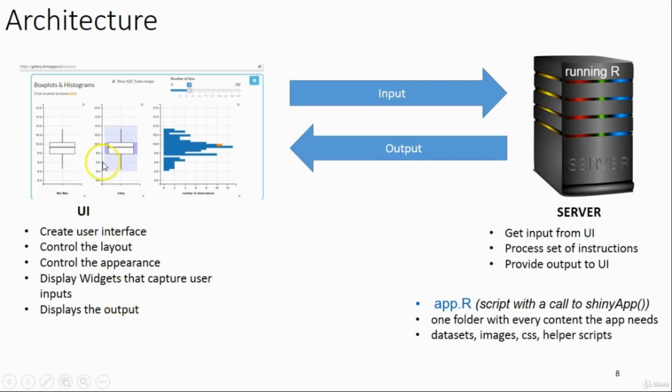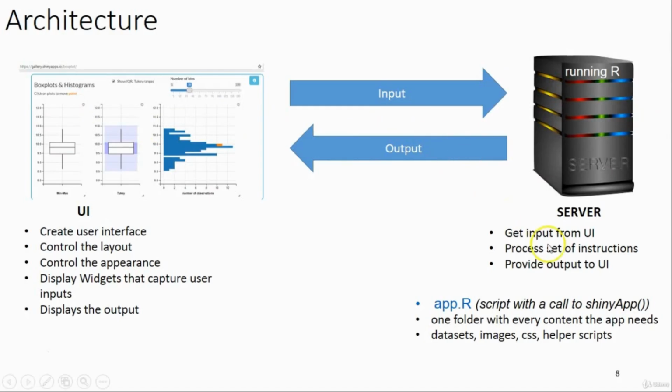So anything for display purpose or capturing the output purpose. And the server generally takes the input from the UI, processes the instruction, and provides the output back to the UI. So this is the client-server architecture.